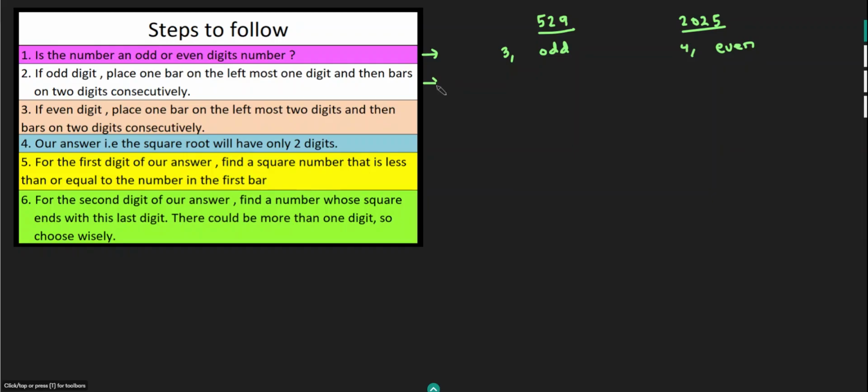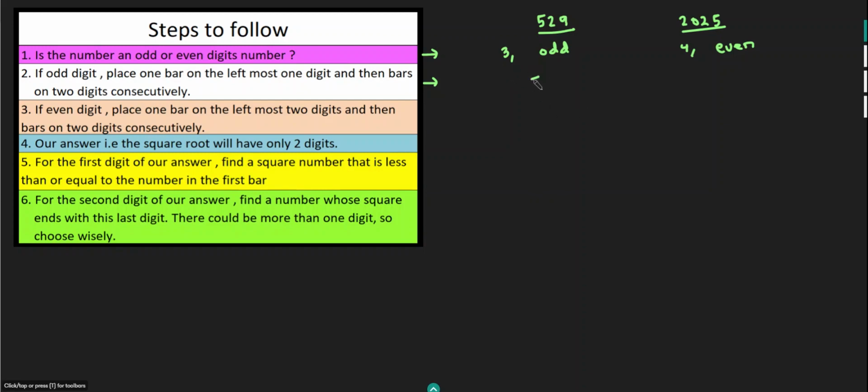Once we have decided whether it is an even or odd digit number, we will be doing either the second step or the third step. To understand both the steps, I'll be doing both, because we have these two numbers. In the second step, if it is an odd digit number, we need to place a bar on the leftmost one digit.